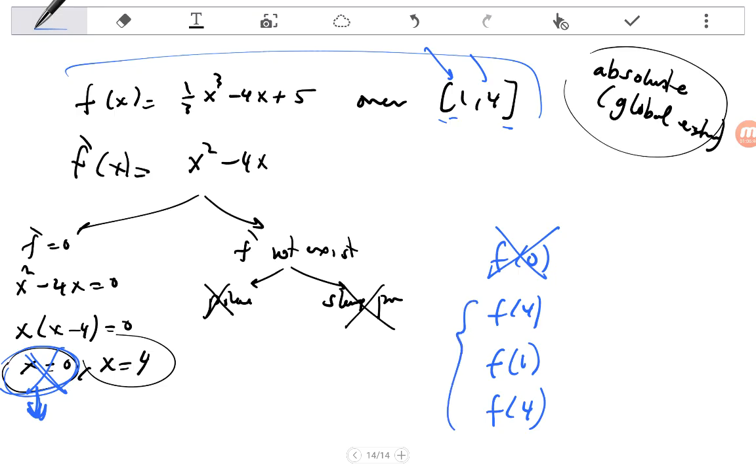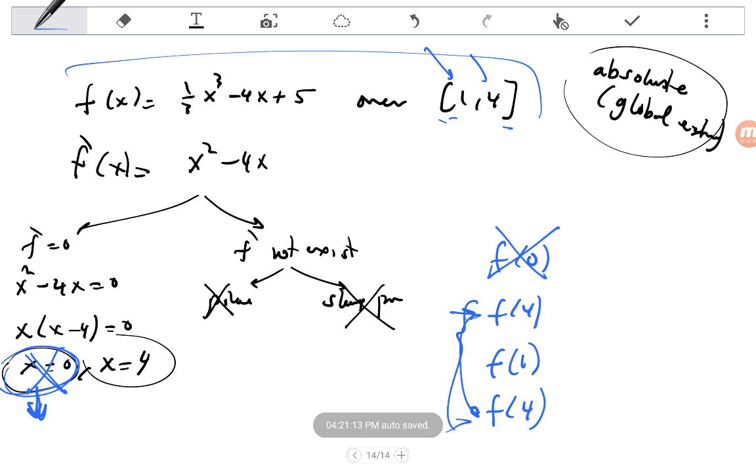So I'll just check the critical point and the boundaries. No, maybe I'm wrong in this.